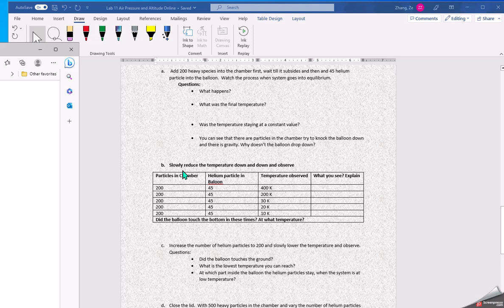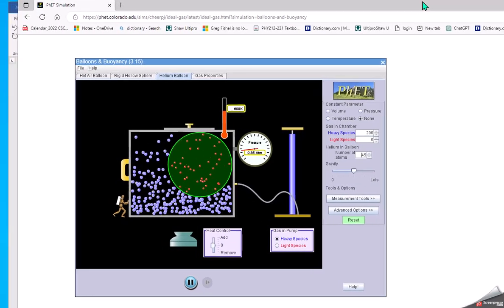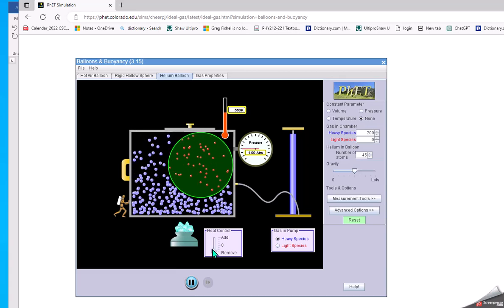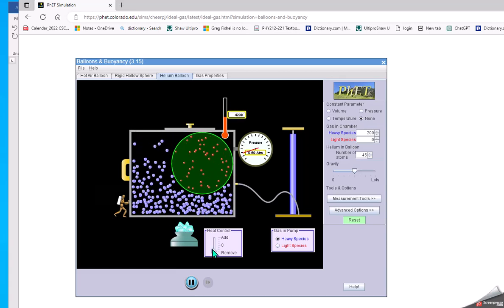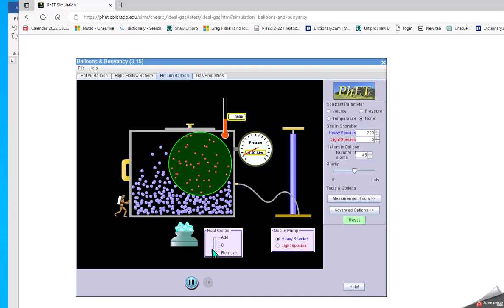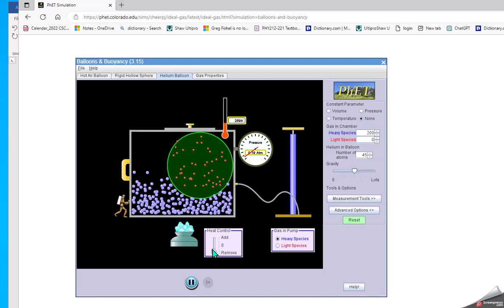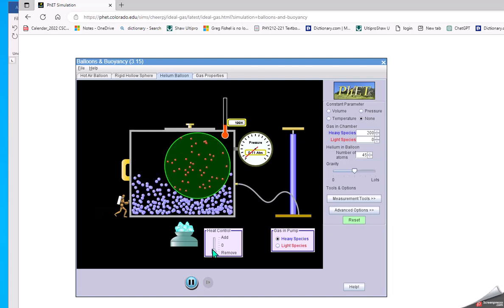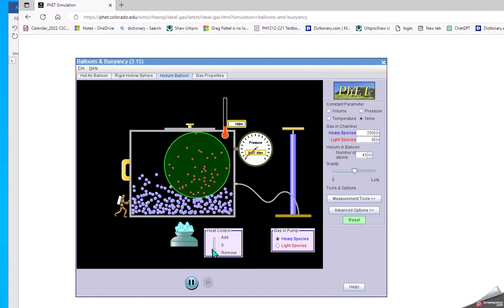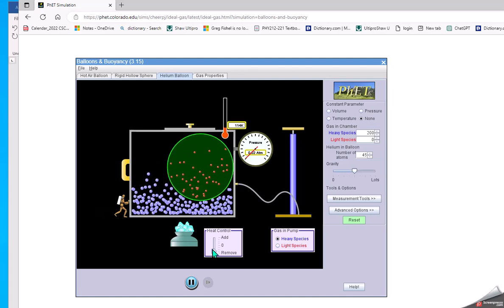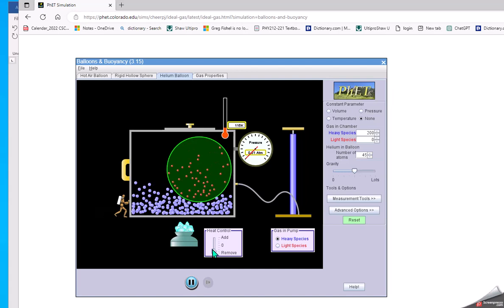And on the B part, slowly reduce the temperature down and observe what happens. It's starting at something like 600, and now you start adding a little bit of ice to it and see it's less pressure, less pressure at the bottom. The difference becomes smaller. But then the weight of the balloon starts to take effect, or becomes more significant.